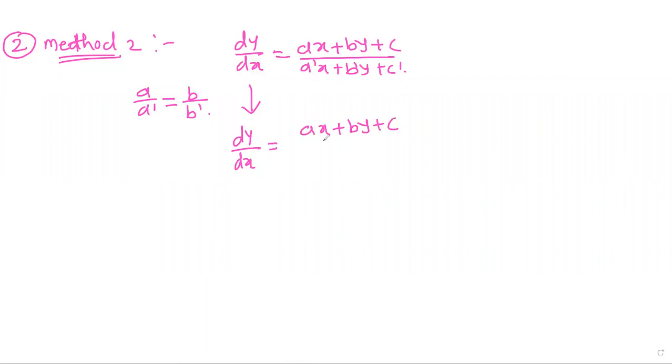So from the denominator or numerator, you can take an m number common and your equation becomes ax plus by plus c.